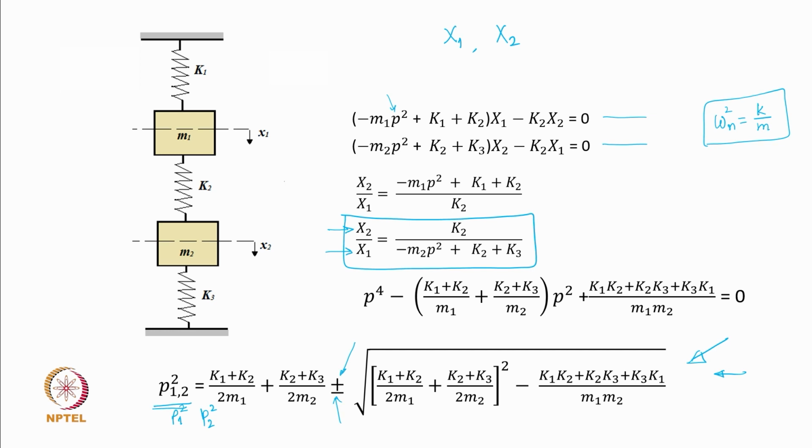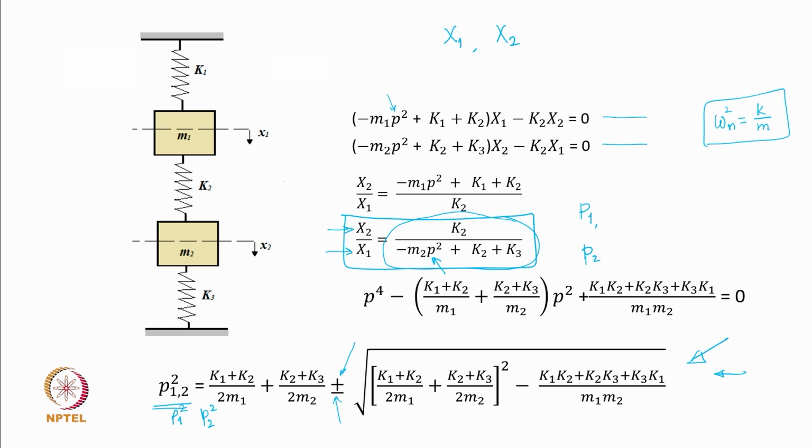Which means that as long as the motion of the two masses has the amplitude ratio given by this particular right hand side value, the two masses will continue to vibrate with natural frequency either P1 or P2. Of course, if you substitute for P1 in this equation, you will get one number, and if you substitute P2, you will get another number.